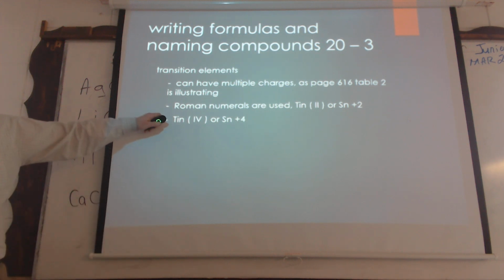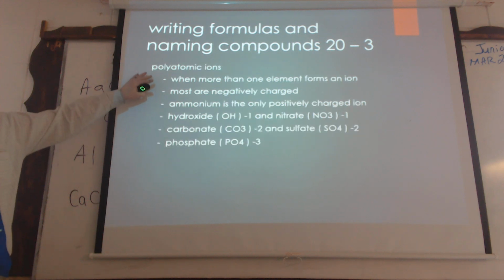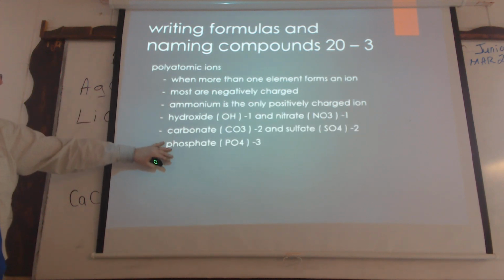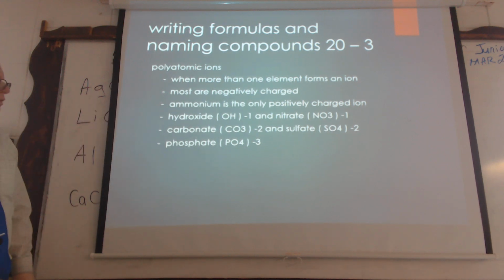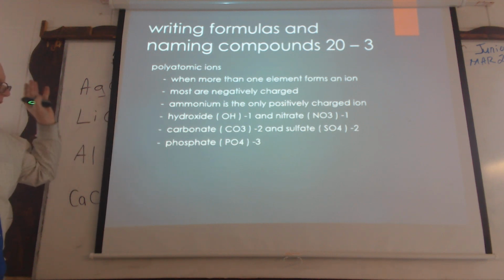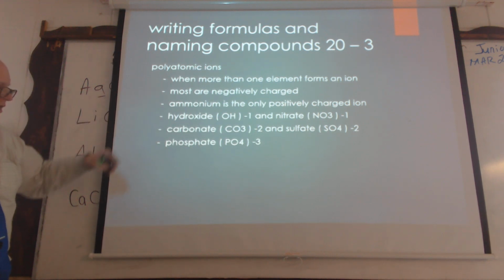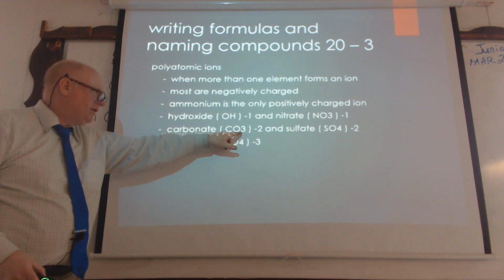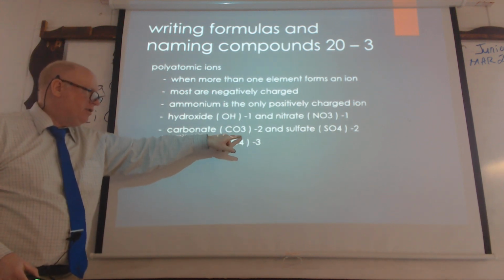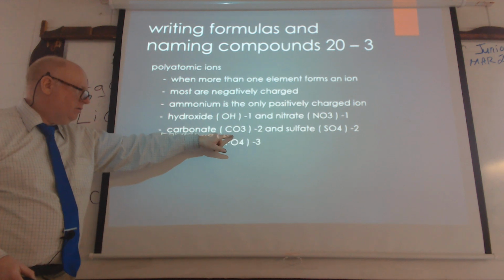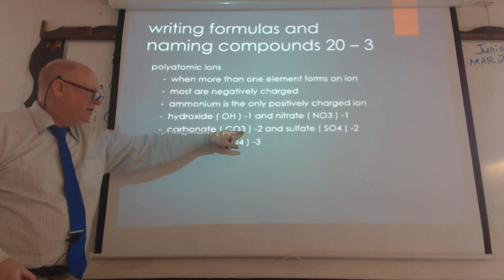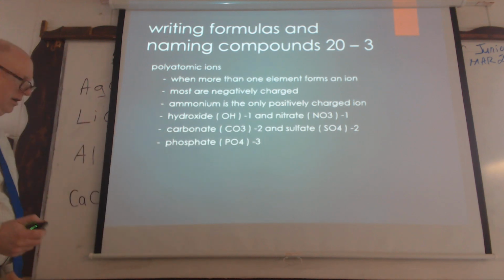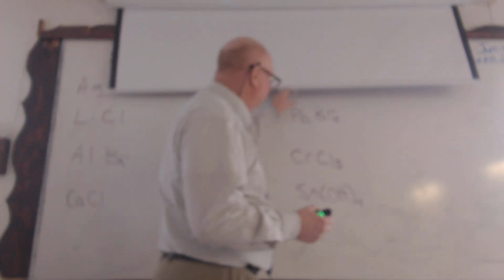Okay, and then finally, I don't think there's hardly anything to write here, and there might be. Is maybe when more than one element forms an ion, that's essentially what a polyatomic ion is, and these should be little subscripts, and hopefully it shows up like that on your handout. So it should be capital C, capital O, and then subscript means just a lower number like what you would see there.